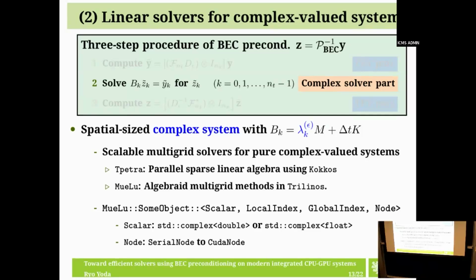To apply the libraries to our programs, we can specify std::complex<double> as the scalar type, or in the single precision case std::complex<float>, which is already defined. Considering the GPU environment, it is very easy to switch from a serial node to a CUDA node by specifying this. Our implementation uses the MueLu package in the Trilinos family.